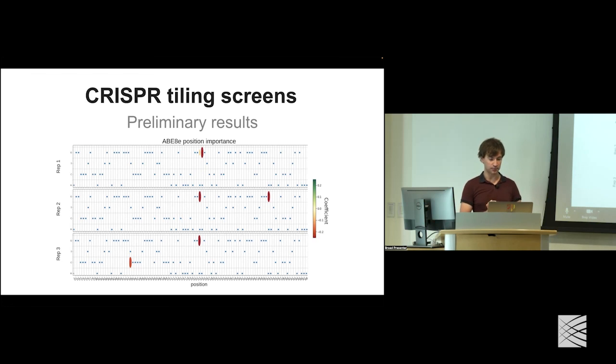And at least in this preliminary analysis, the orange and red blobs correspond to those hits that we've identified that have large PIPs. So basically the size of those blobs is proportional to the PIP. And you can see that at least in these preliminary results, there's at least one hit in one particular region, in the middle, that seems to be replicated across all 3 replicates.